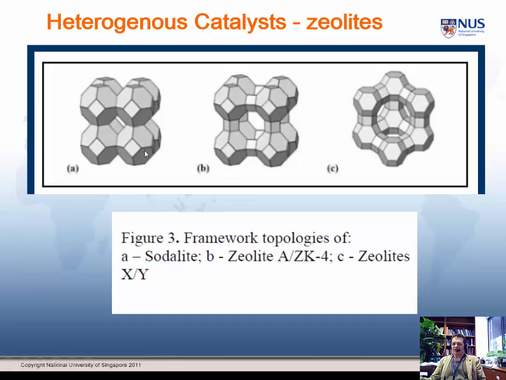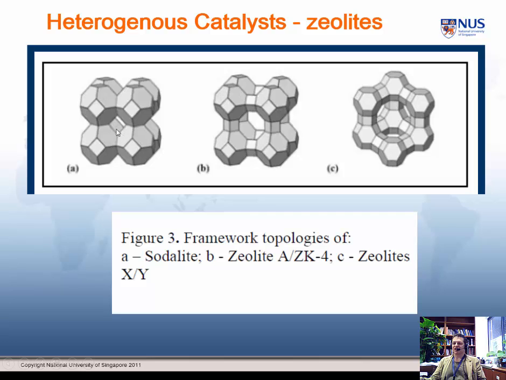Okay, here are some typical framework topologies. We looked at sodalite already, which is A, with its relatively small opening there. You can have a zeolite type structure, and again that's the A type zeolites, or the X and Y type zeolites, like that.